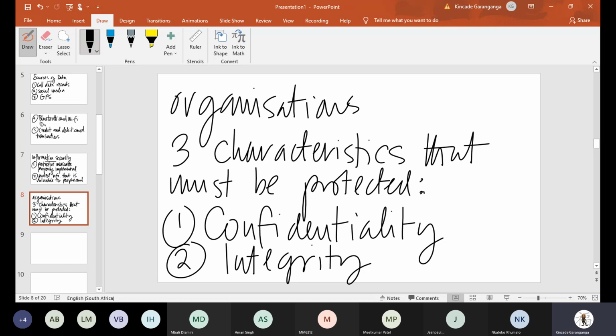This is what the whole concept of integrity is all about: ensuring that the data that has been collected is correct and has not been corrupted, whether by an individual who gained access when they were not supposed to, or even by someone who is allowed access tampering with that data.